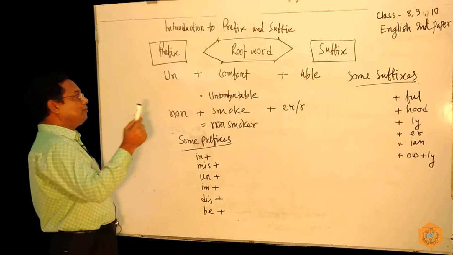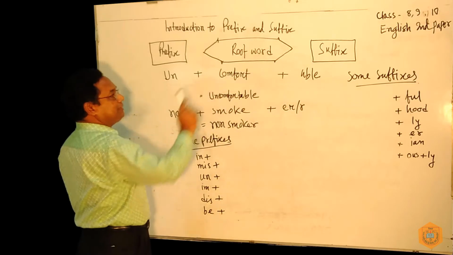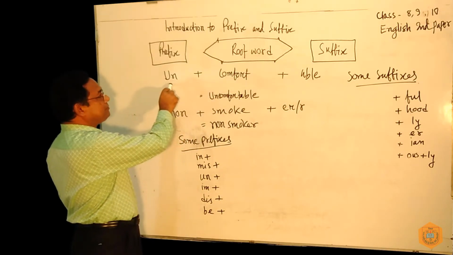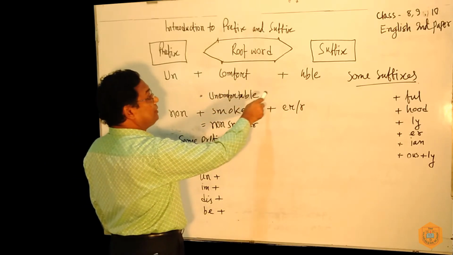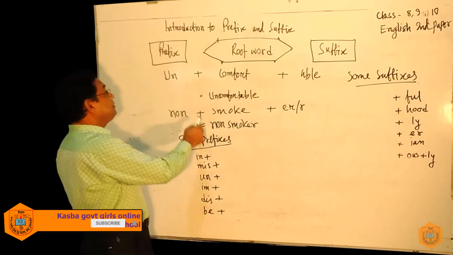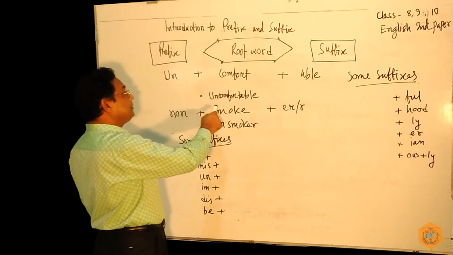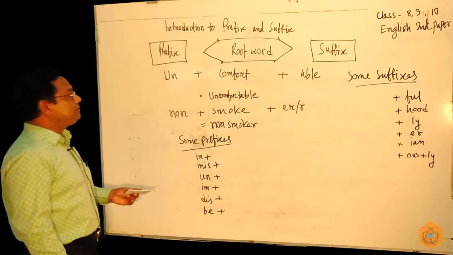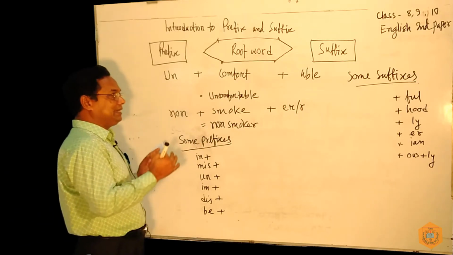Follow the board: un plus comfort plus able. Here un is prefix, comfort is root word, that is key word, and able is suffix. Now we can say uncomfortable. This is a new word now. Here I have made a word using prefix and suffix at a time.